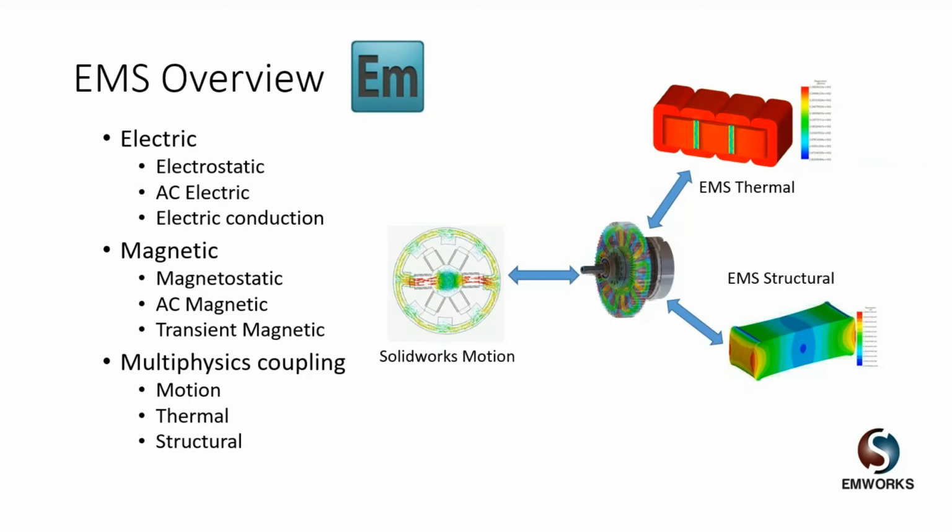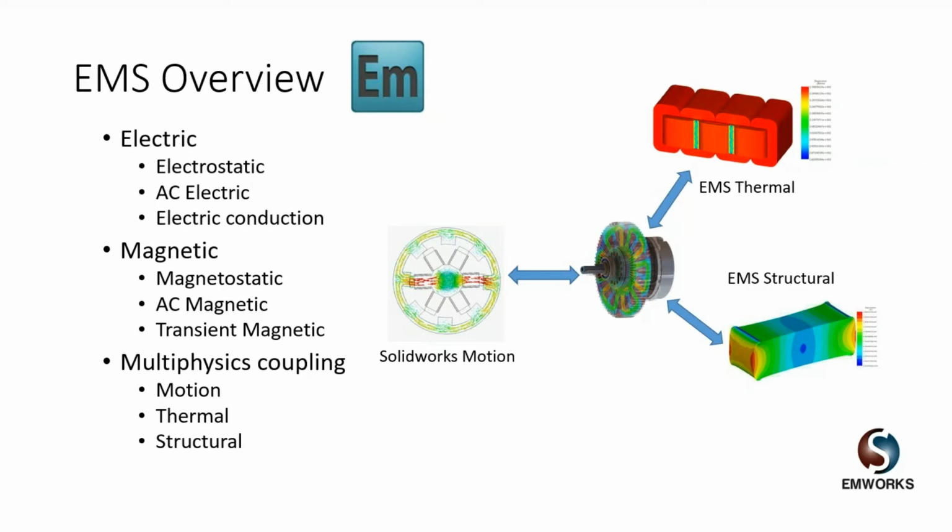Electromagnetic solvers can also be coupled with other multi-physics or cross-physics analysis. For example, you could have a solenoid with a moving part, and the motion of that part would be constrained by the SolidWorks motion.